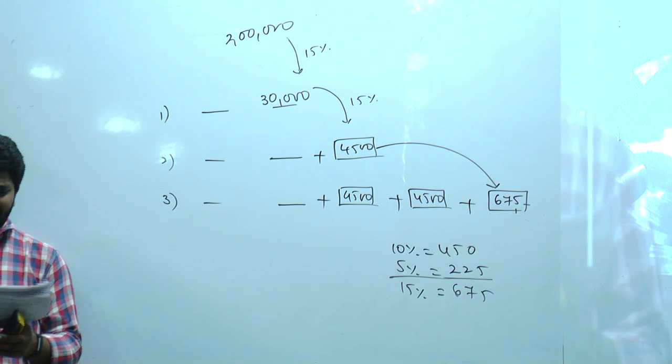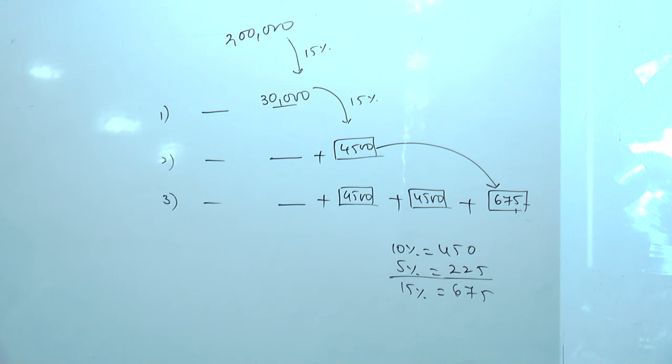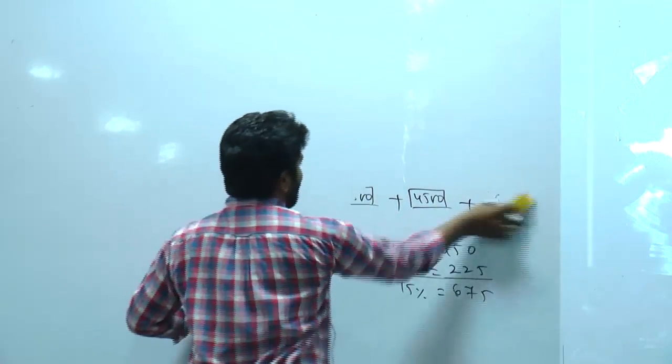Next. 10 grams of lead is mixed with 100 grams of water. On heating the solution, water evaporates and 1 kg of solution reduces to 0.4 kg. What is the percentage of lead in the final solution? Now, 10 grams of lead mixed with 100 grams of water. Then what is the total content? 110.